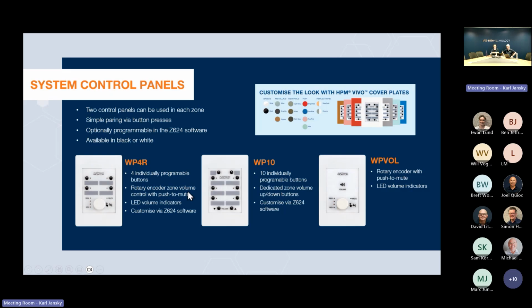All of these wall panels can be customized, if you wish, with HPM Vivo cover plates. By default, we offer black and white versions of the wall panels, but you can buy these additional face plates to then have a whole different range of colors for the install.